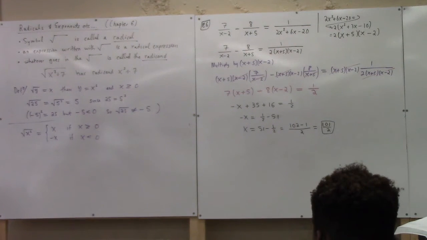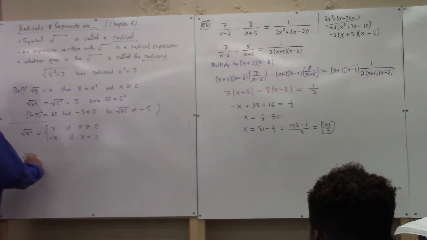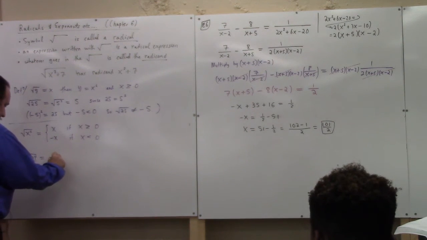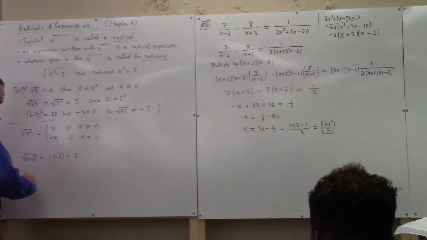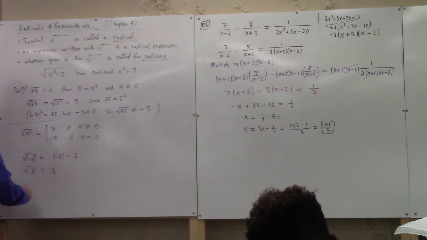For example, the square root of minus 2 squared is equal to 2, whereas the square root of 2 squared is just equal to 2.